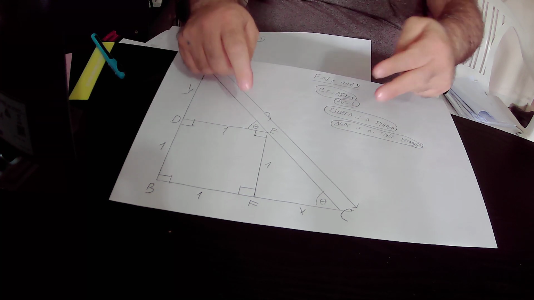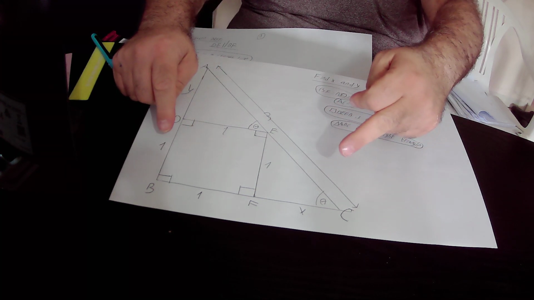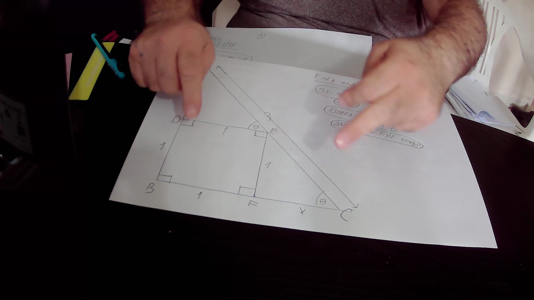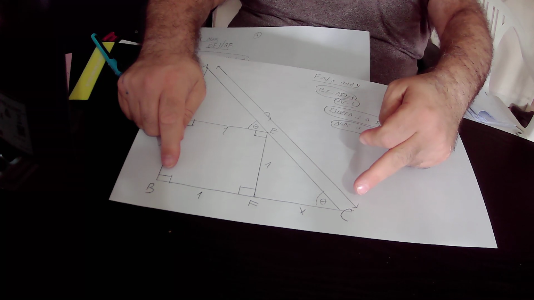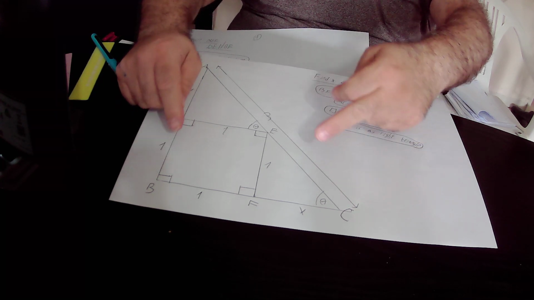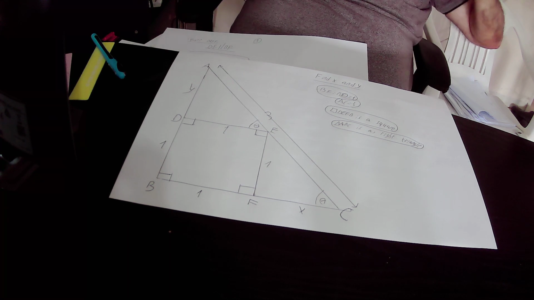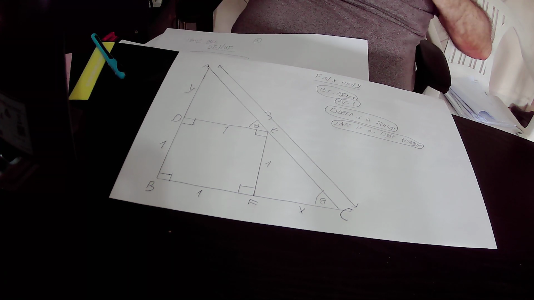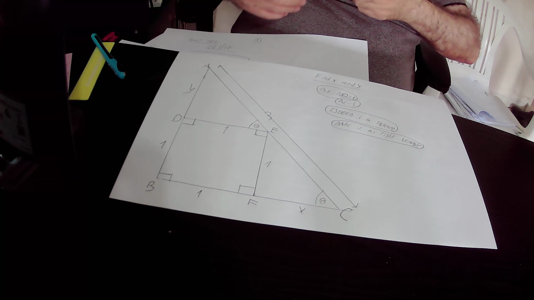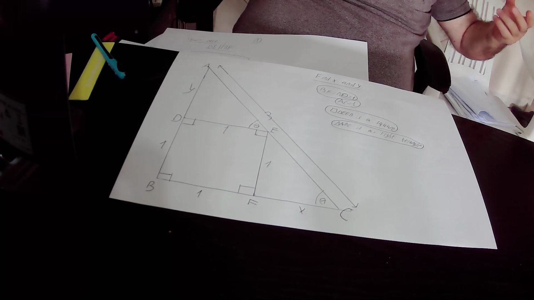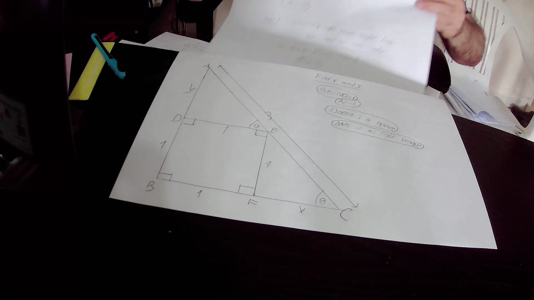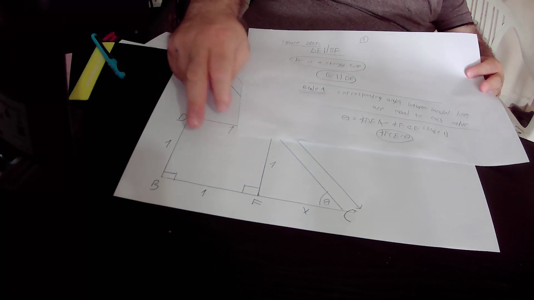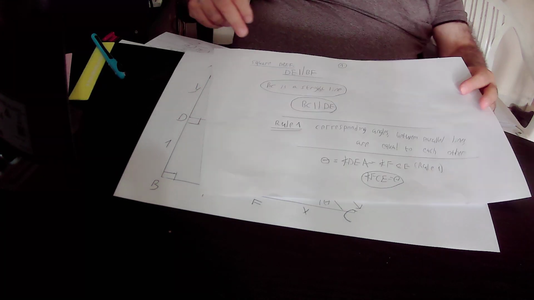So, if part of BC, that is a straight line, is parallel to DE, then BC itself must also be parallel to DE, because if part of a straight line is parallel to another straight line, then the straight line itself must also be parallel to that line. Therefore, we conclude that BC is parallel to DE.